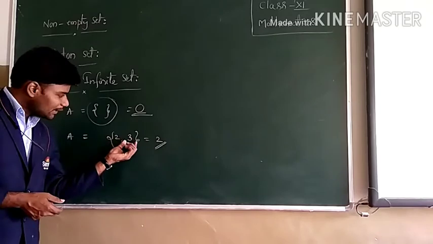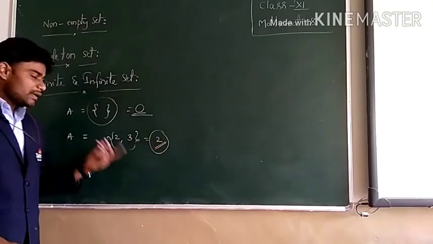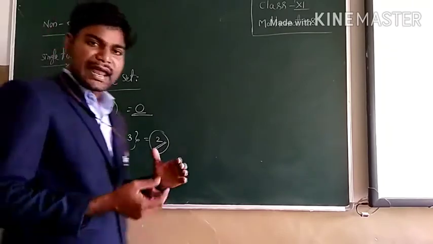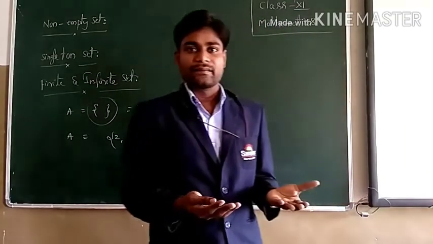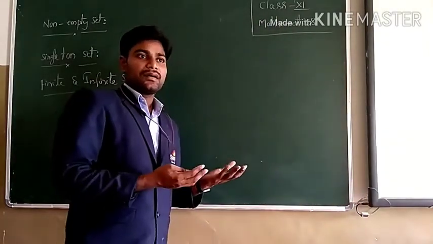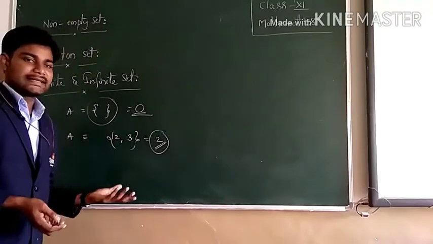The empty set is also a finite set, and 2 and 3 are 2 elements, so it comes under finite set. We have some more examples like the number of days in the week, the number of hours in a day, and the number of months in the year. All these come under finite set.